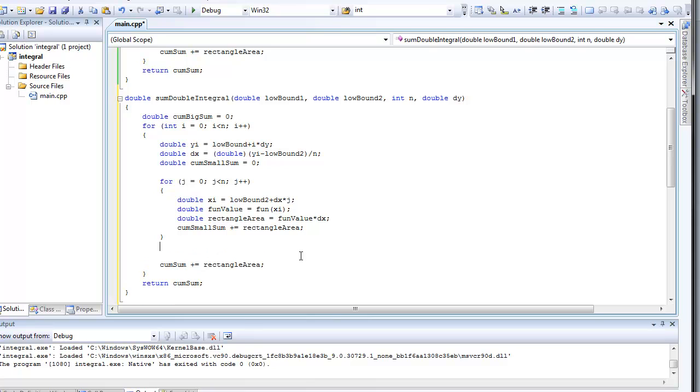So double second rectangle area is equal to small sum times dy.